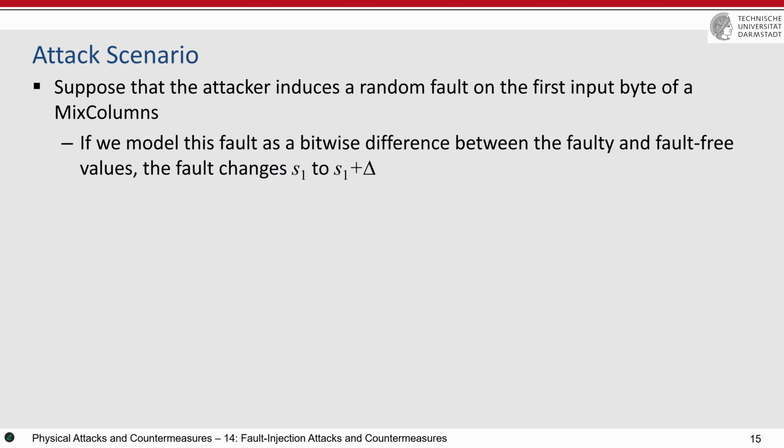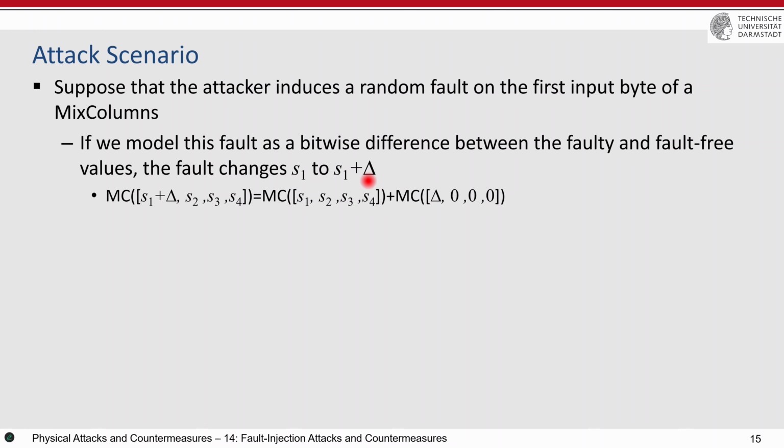And similar to what I explained, if we model this as a bitwise difference between the faulty and the fault-free values, then with the mix column inputs S1, S2, S3, and S4, you say just one of them, S1, now changes to S1 plus delta, where the plus is XOR.